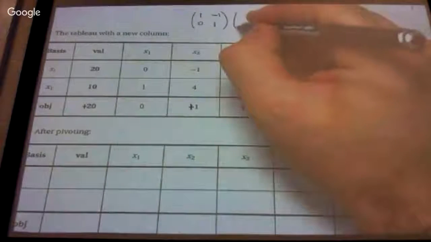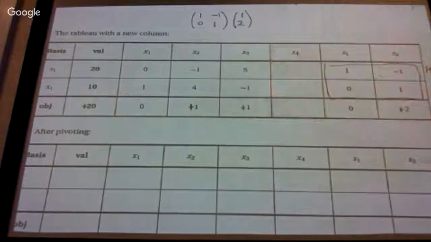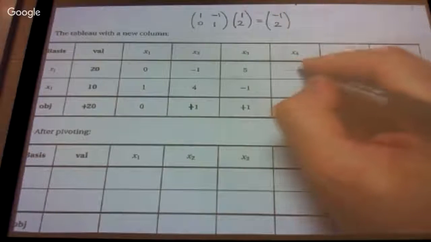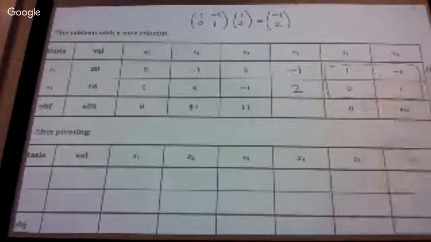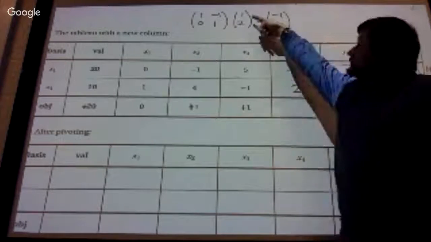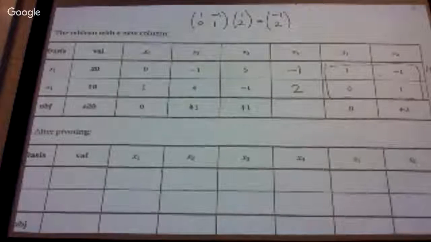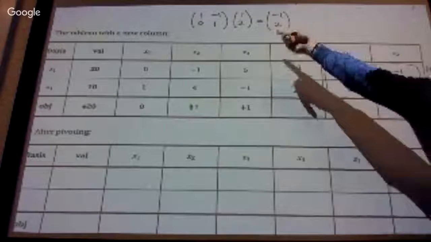So we had 1 in the first constraint and 2 in the second constraint. Okay, and you get 1 minus 2 is minus 1, and 0 plus 2 is 2. And this gives you the values here, minus 1 and 2. Okay, you could also say that because the coefficients are 1 and 2, you take 1 times this column and 2 times this column. That's what you get. That's what this matrix multiplication does anyway.